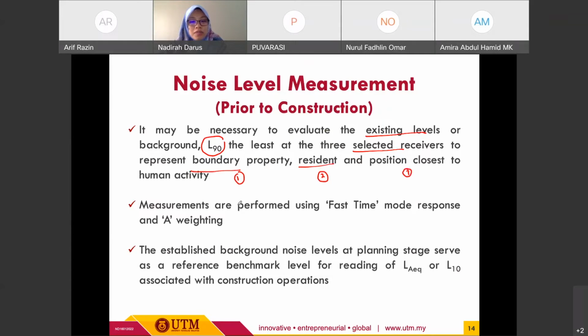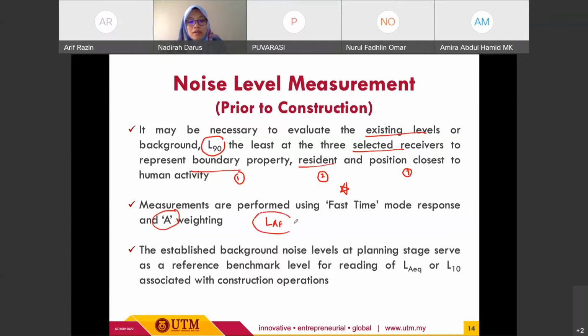And in terms of the measurement, most of the time kita akan guna fast mode atau fast time with A-weighted. So that's why last night kita dah cover berkenaan LEM. Maksudnya sound pressure level with A-weighted and fast response, fast time move response.